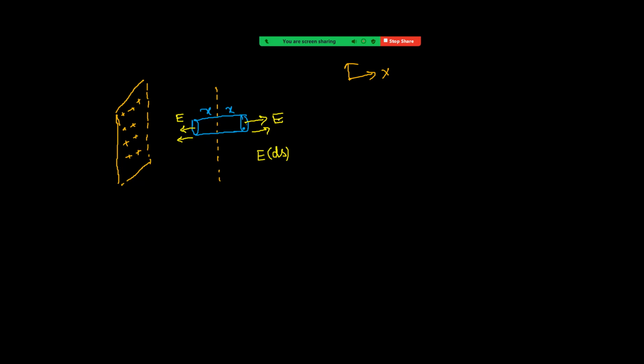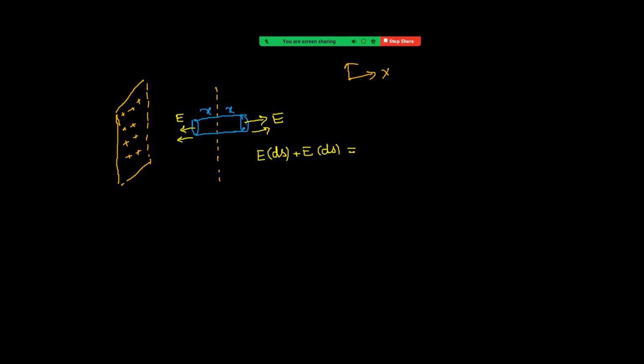Between the field vector and area vector the angle is 0, so E into dS cos 0. And here again the angle is 0, so directly E into dS cos 0. This is the flux through that surface.